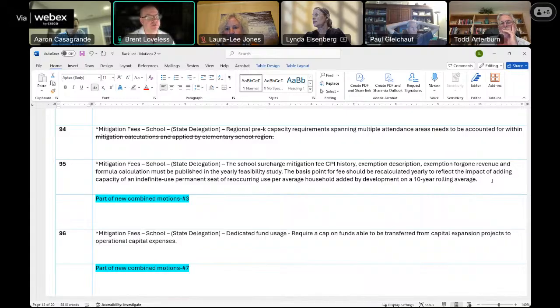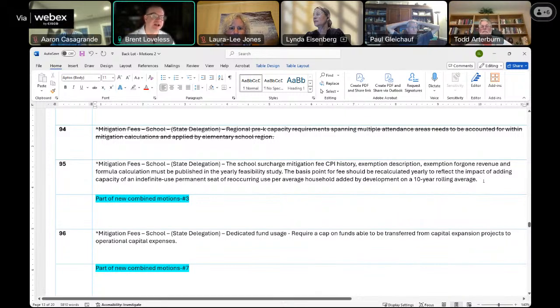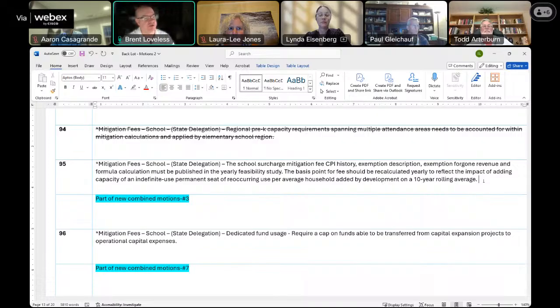The basis point for the fee should be recalculated yearly to reflect the impact of adding capacity of an indefinite use, permanent seat, of a recurring use per average household added by the development on a 10-year rolling average. Bottom line is saying we need to review the mitigation fees once every year based on the cost per seat of student. When you say mitigation fee, I just want to make sure I'm clear, Brent. When you say school surcharge, thank you.